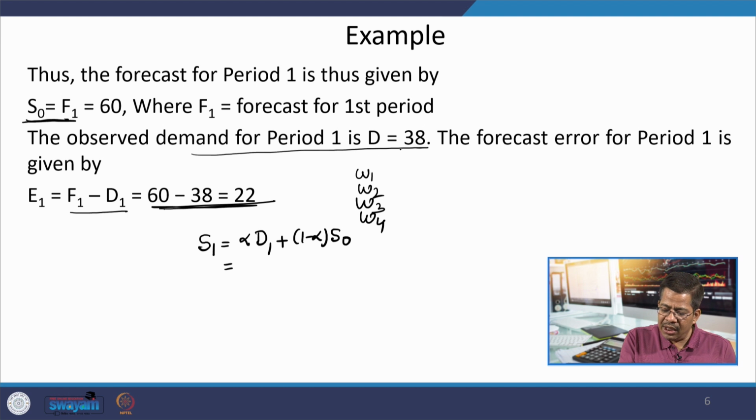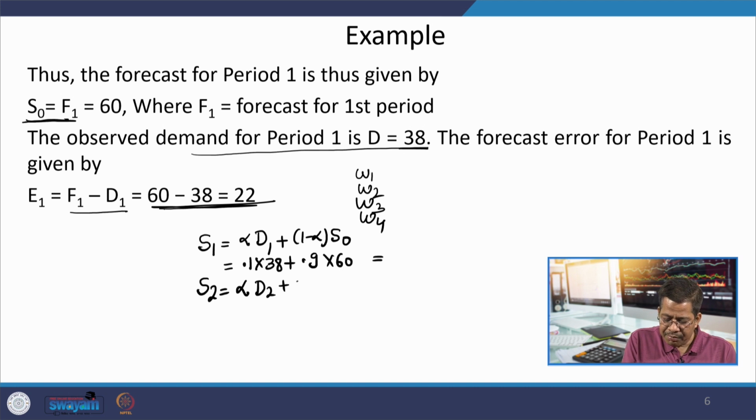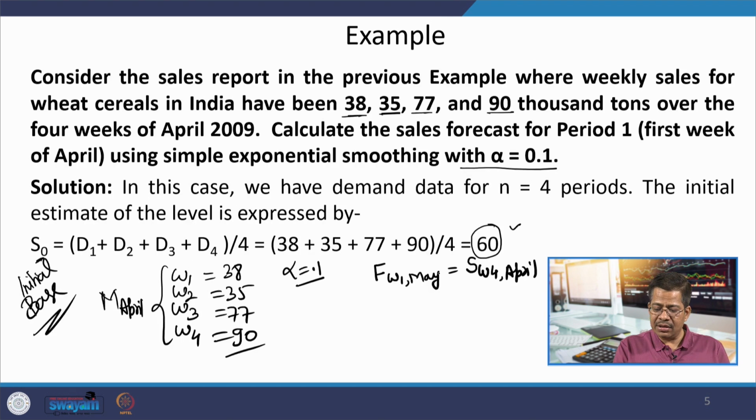Now, D1 is 38, alpha we have taken 0.1, and 1 minus alpha is 0.9, into 60. This will come as S1. When I calculate S2, it will be alpha D2 plus 1 minus alpha S1. Now, this S1 will come here, and D2 is given to us, that is 35.